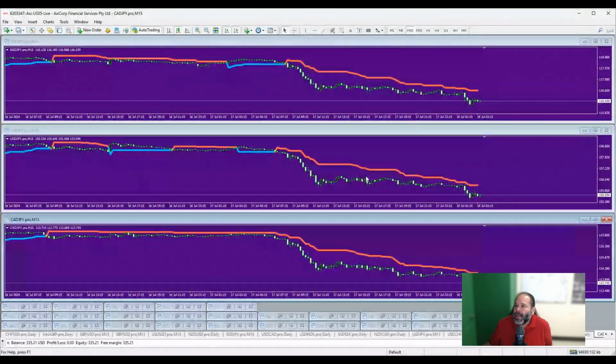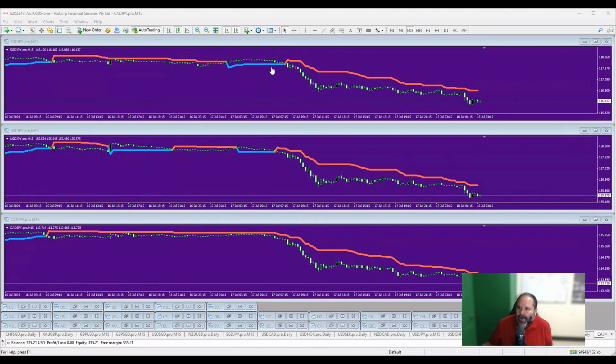Okay, let me go back to Manara to see if we got some other entry. Yeah, we got AUD USD. What do we have on AUD USD? Okay, let's see.